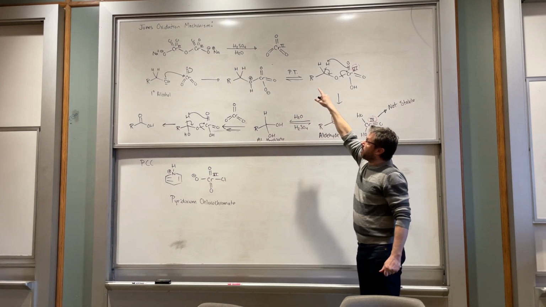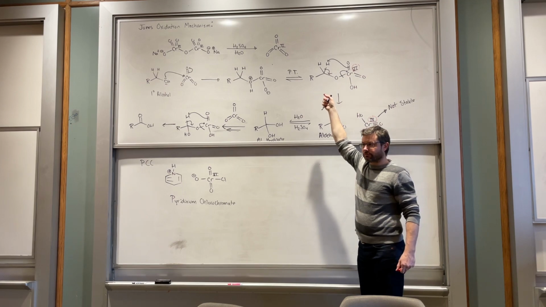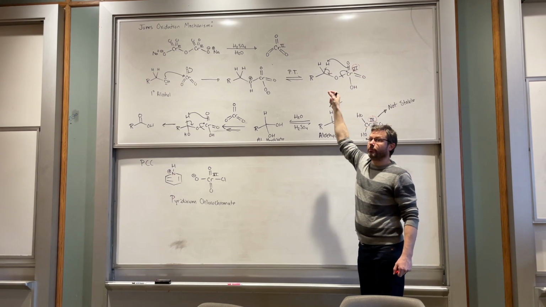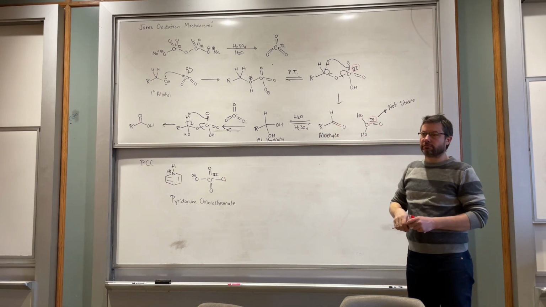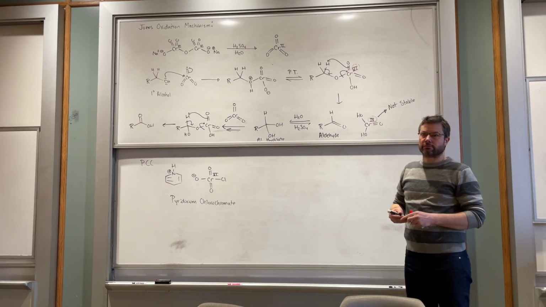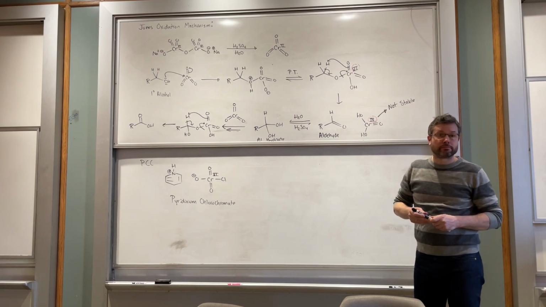So if you look at the Jones oxidation, why do you think we have to use water as a solvent? Or why would you think we would need to use a really polar solvent for that reaction? There is a lot of proton transfer.